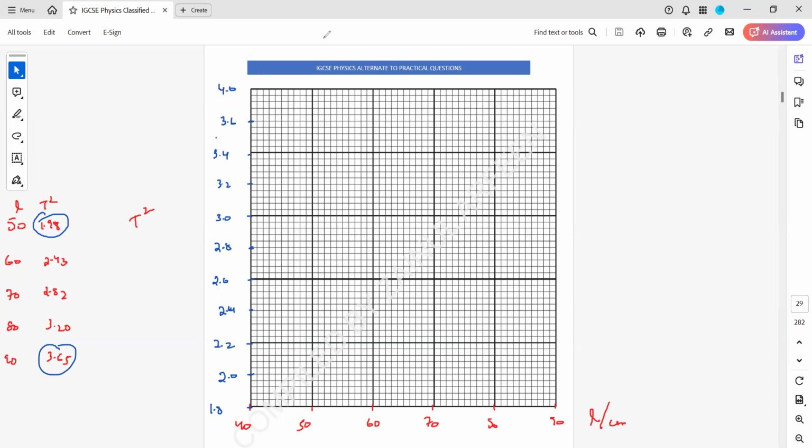And it's important that you label the axis. So this will be T squared and the unit is s squared. Is it clear? The labeling of the axis? Any doubt till this point?